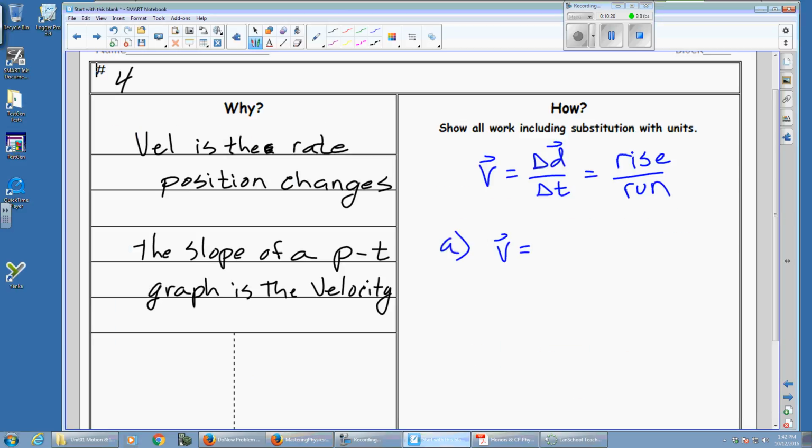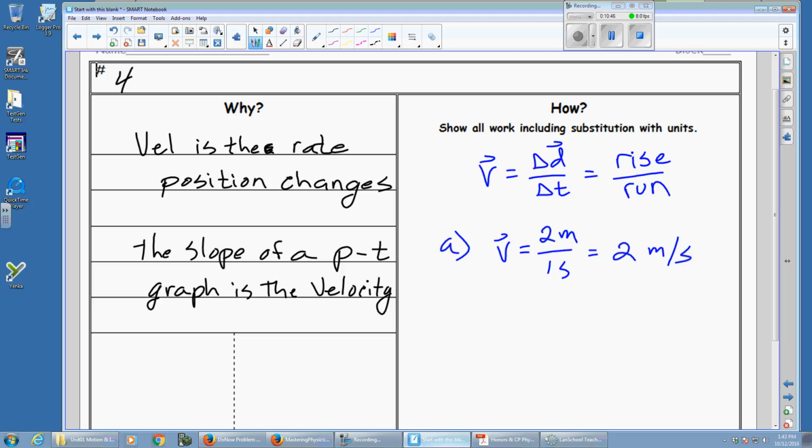So we'd have delta D is 2 meters over 1 second. That'd be 2 meters per second. B, you do the same way. C, you do the same way. What do you think about D? Do the same way. Yeah.